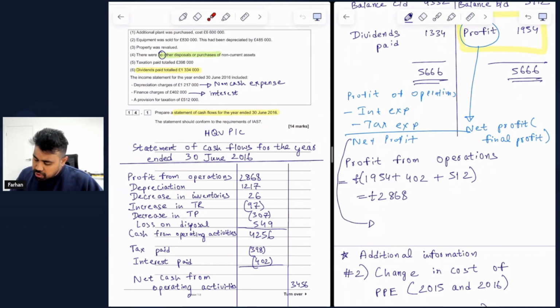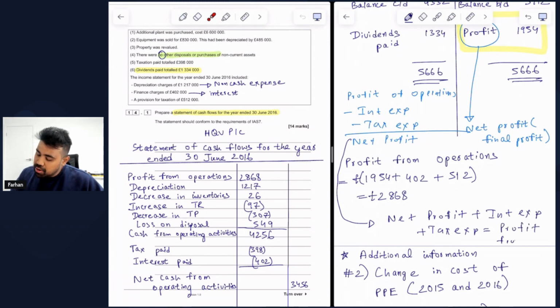Now, if you start with net profit and then you add back interest expense and then you add back tax expense, you should get the profit from operations. So it's mainly based on what you start with, and based on how you start your equation, the variables are going to be changed here and there, but I believe you got the idea here.